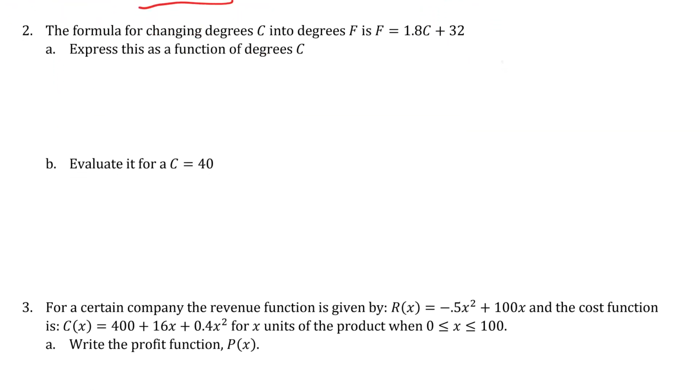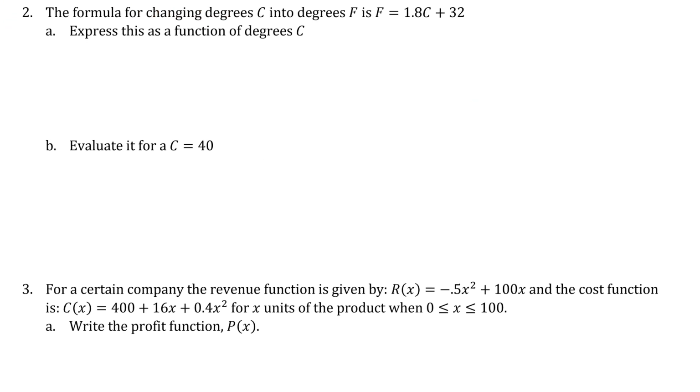For number 2, the formula for changing degrees C into degrees F, Celsius into Fahrenheit, is F equals 1.8 C plus 32.